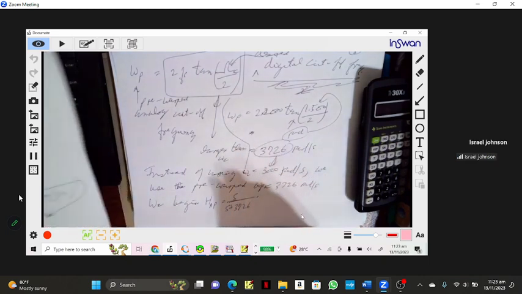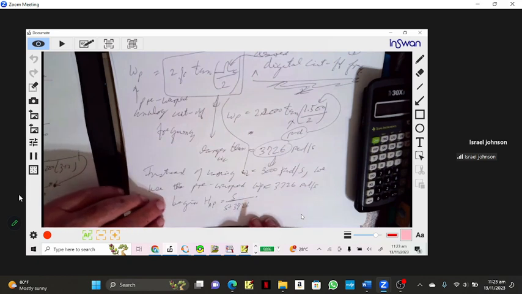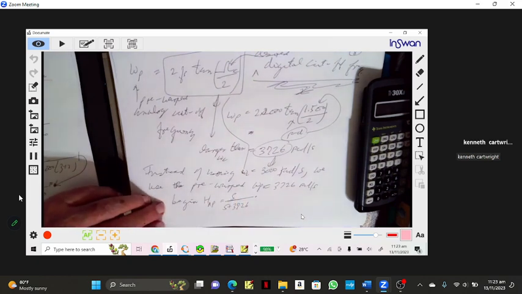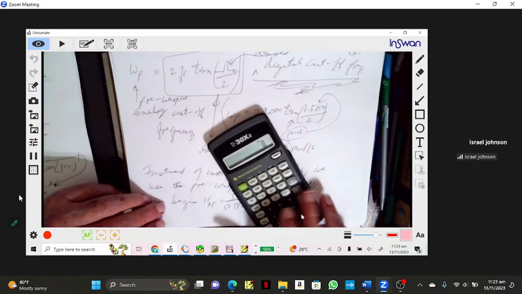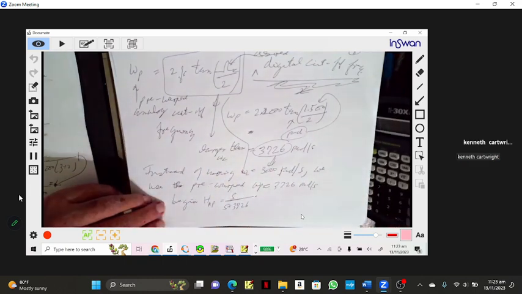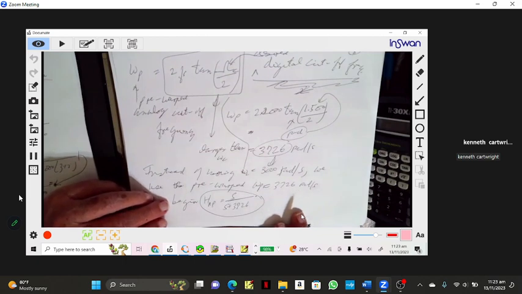Find the transfer function. Of what? Of the analog as well as the digital. No. Here's the pre-warped analog. We don't need to find that. We already found it. We just need to find the transfer function of a digital filter.